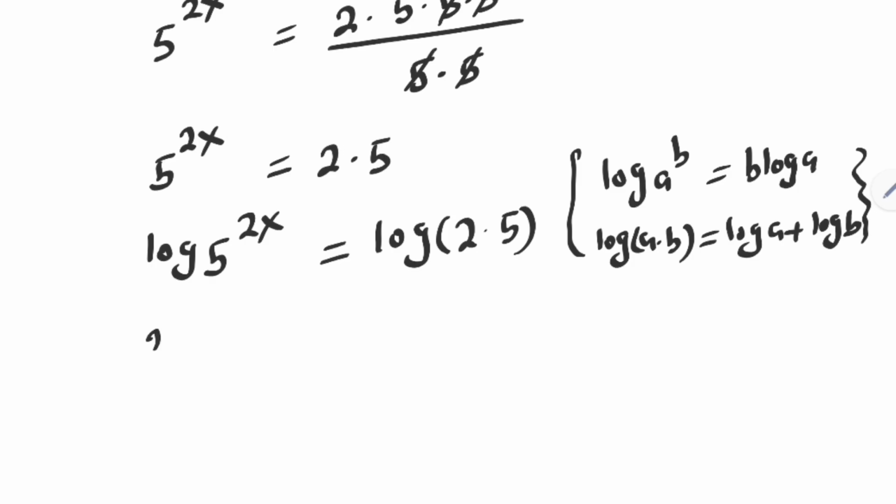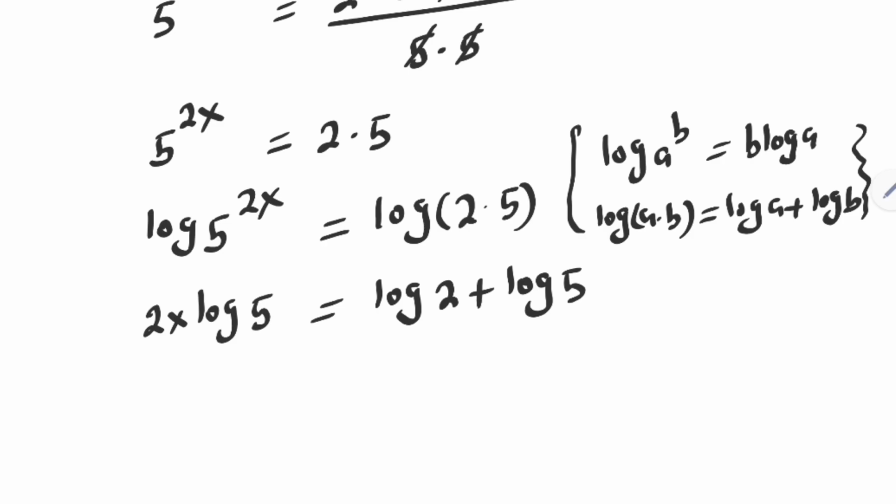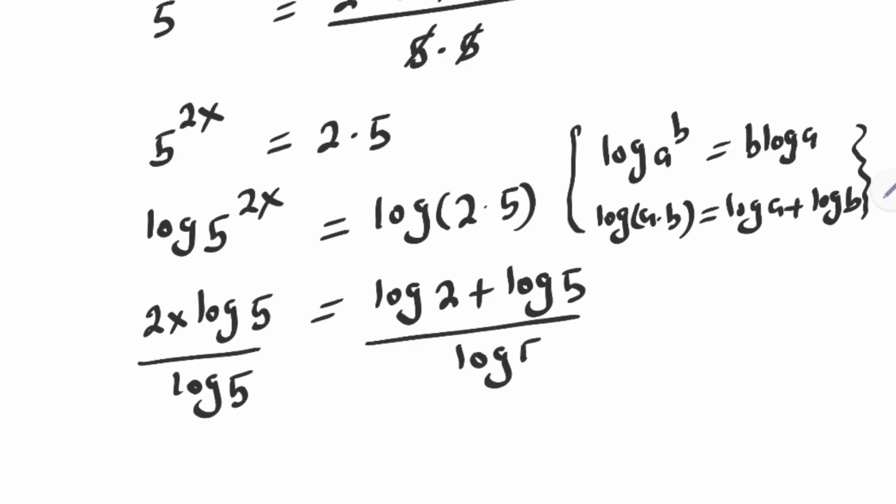Here we have 2x log 5 is equal to log 2 plus log 5. Let's divide both sides of this equation by log 5. This divided by log 5 and this divided by log 5.